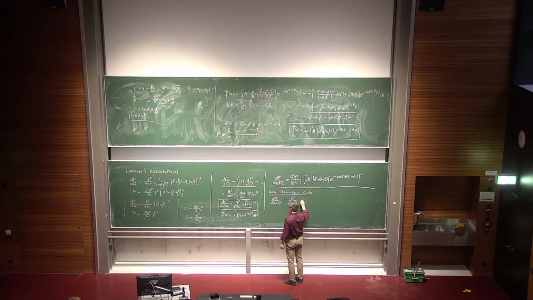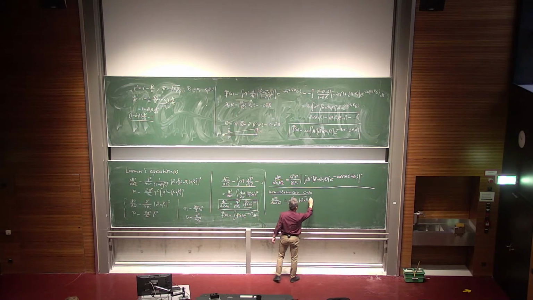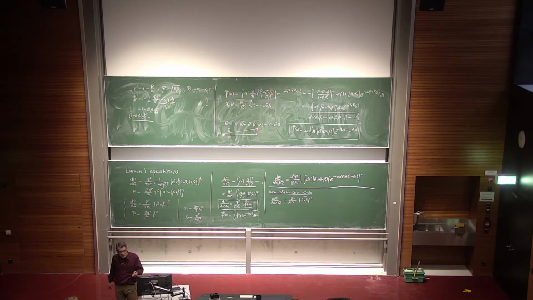Now, this expression here, Fourier transformed, squared. This is now the differential spectrum.